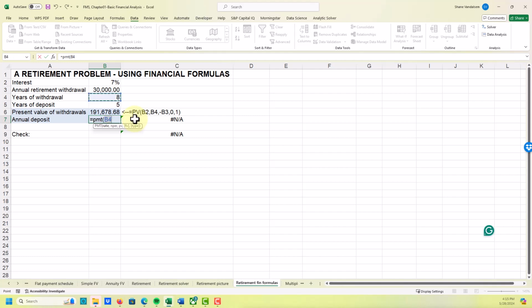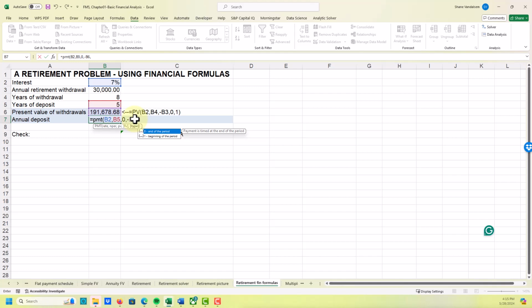Our rate is again that 7%. Our number of periods is 5 because we're going to make payments into the account for that many periods. Our present value is 0. Our future value, again, let's make this negative so that we get a positive number here. So we need to have $191,678.68 at the end of the 5-year period, or excuse me, at the end of the 4-year period, really, because we're making our first payment today.